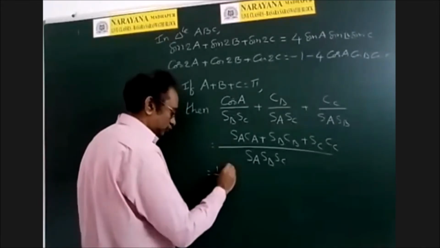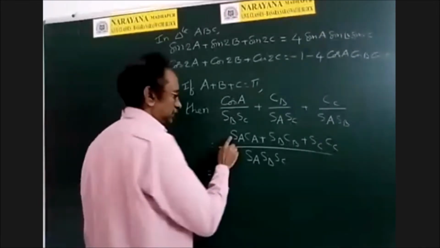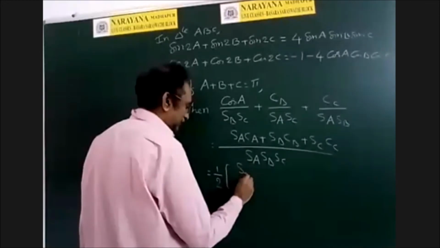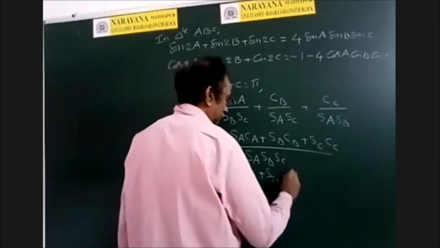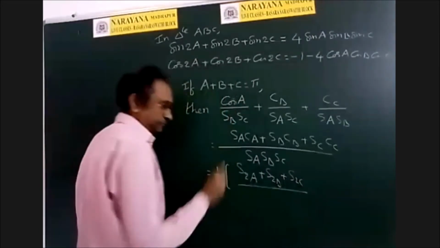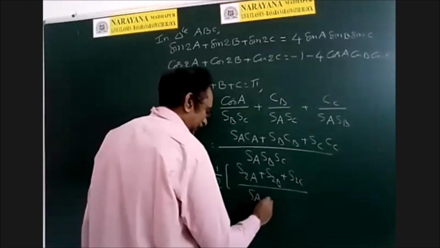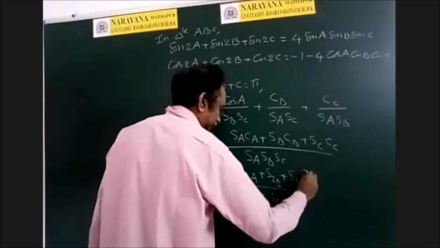Therefore, divide with 2 and multiply with 2. With that 2, this can be written as sine 2A plus sine 2B plus sine 2C by sine A, sine B, sine C.